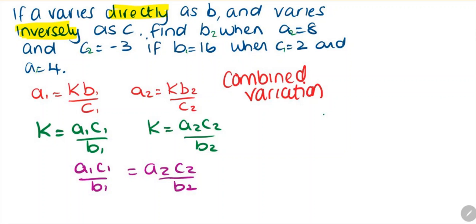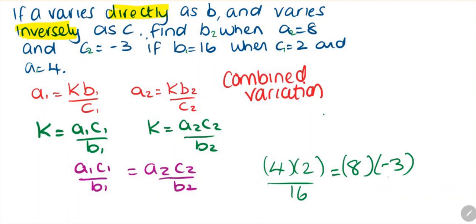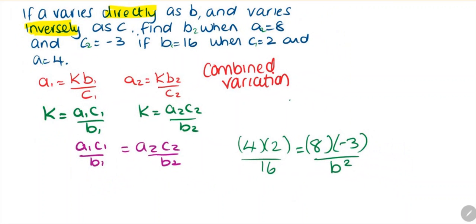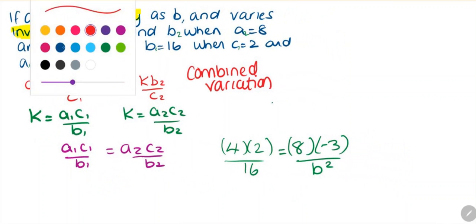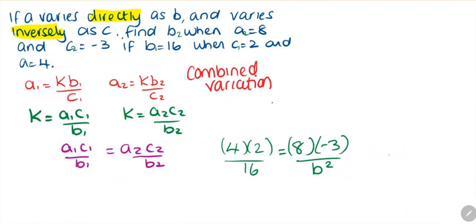So let's substitute in the values. a1 is going to be 4, multiplied by c1, which is 2, divided by b1, which is 16. This is equal to a2, which is 8, c2, which is minus 3, divided by b2, which we don't know. So I'm going to cross multiply.